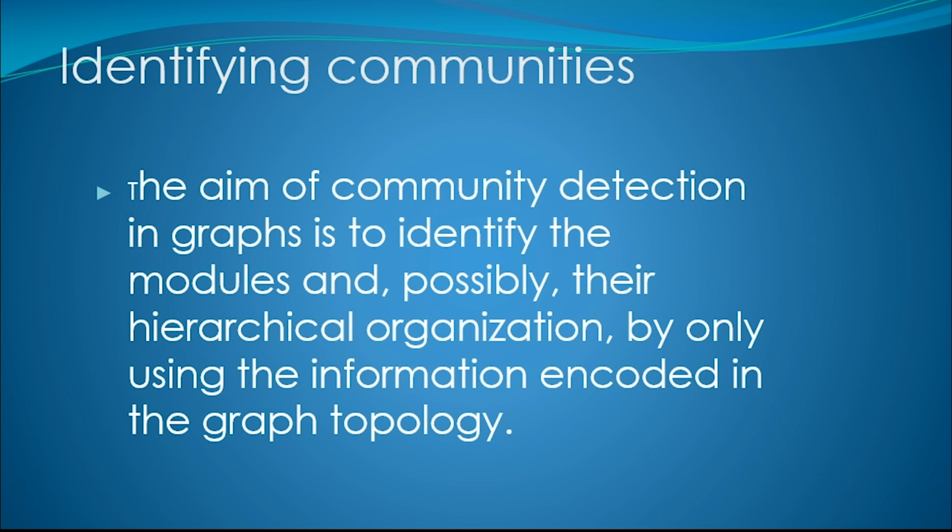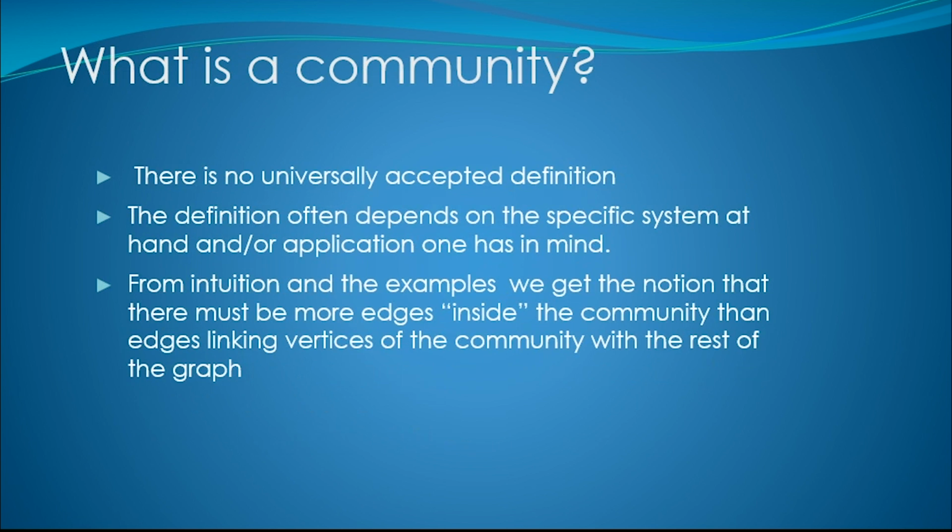So identifying the communities, and there may be sub-communities, communities within other communities. So identifying all this is important. Community depends on the specific system. How do we define the community? Are they a set of people closer to each other, or are they a set of people who are closer to each other than to all others, etc.